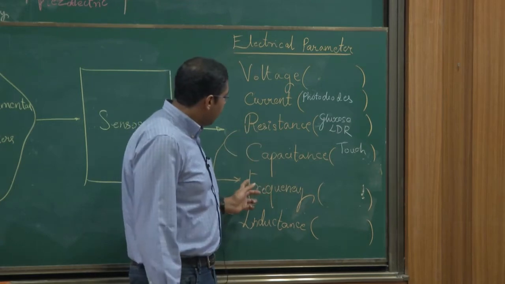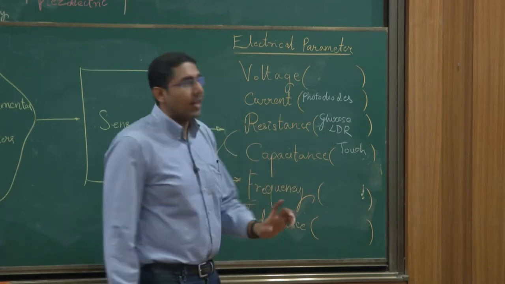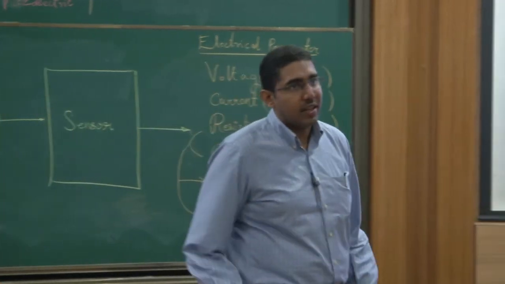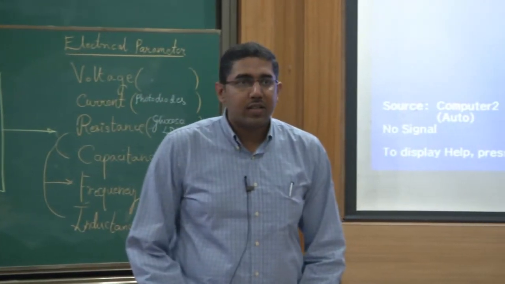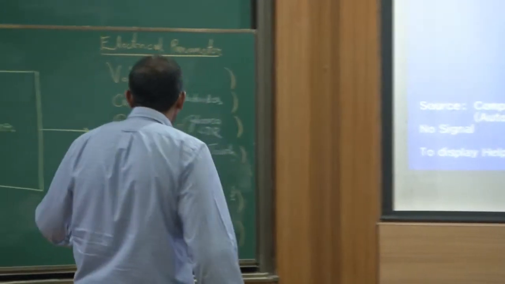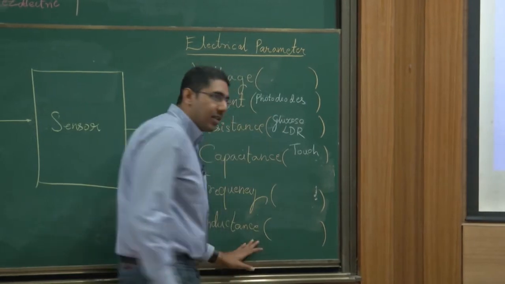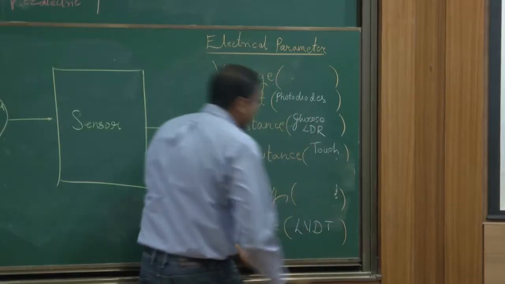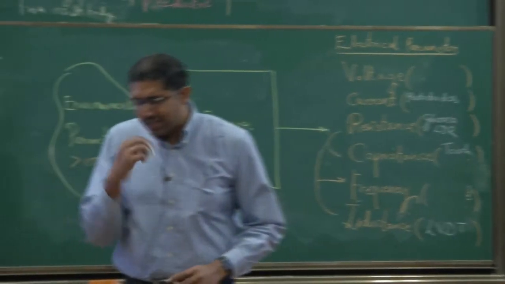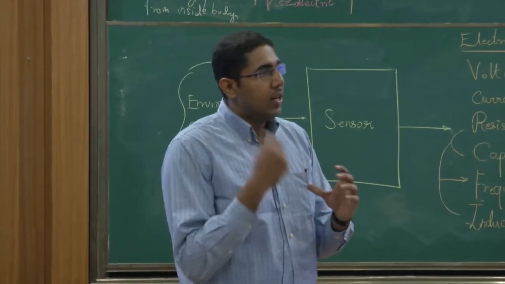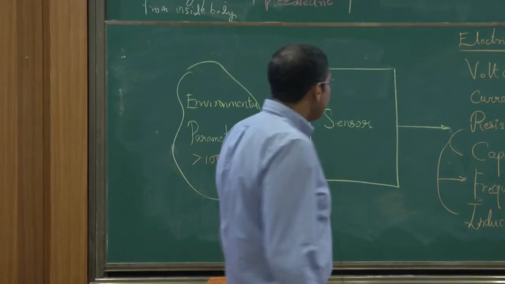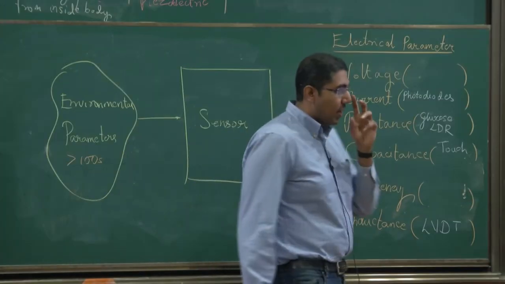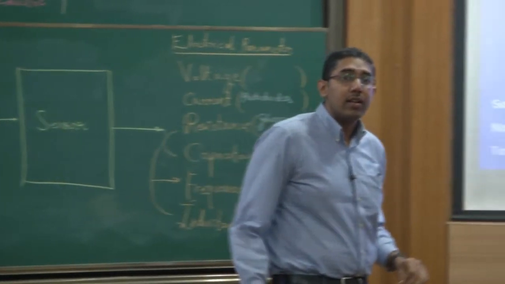Usually there is no sensor which directly gives you a frequency change except maybe some resonance, but even that is connected to some capacitance change. Inductance, yes, position sensors like LVDTs: an inductance change due to the location of the magnetic core.